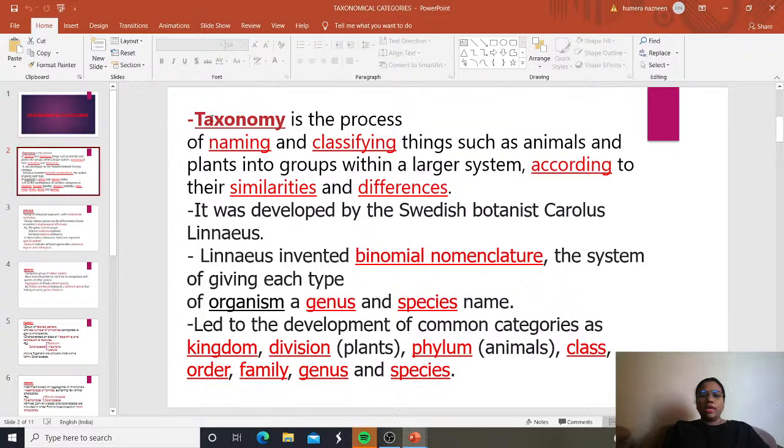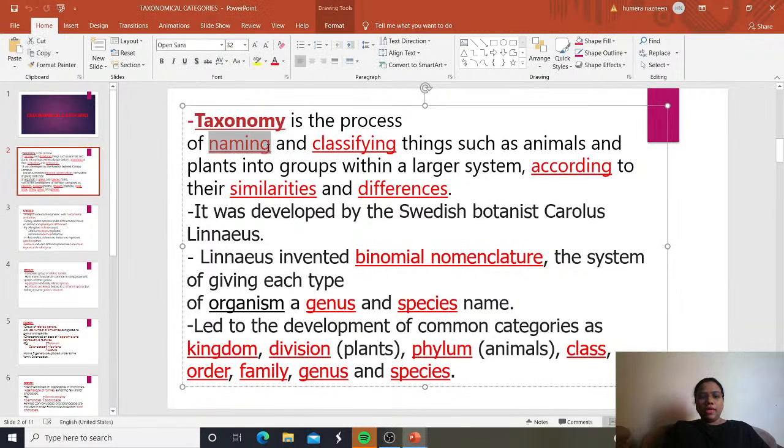What is taxonomy exactly? Taxonomy is the process of naming and classifying things such as animals and plants into groups within a larger system according to their differences and similarities.